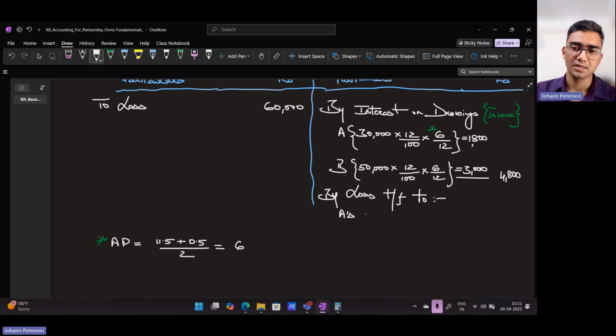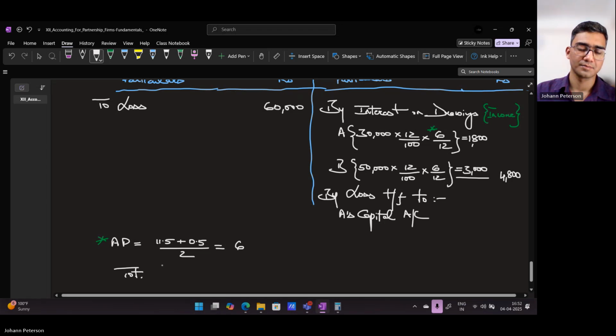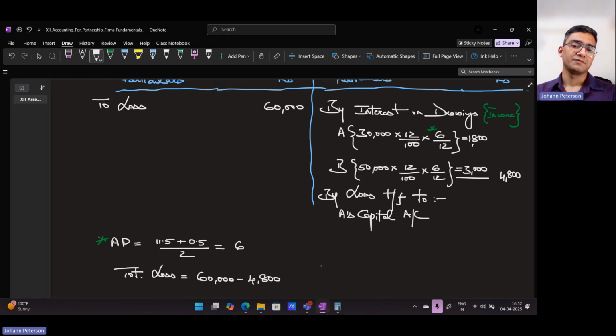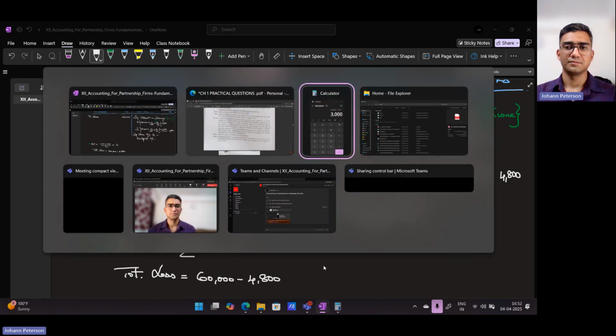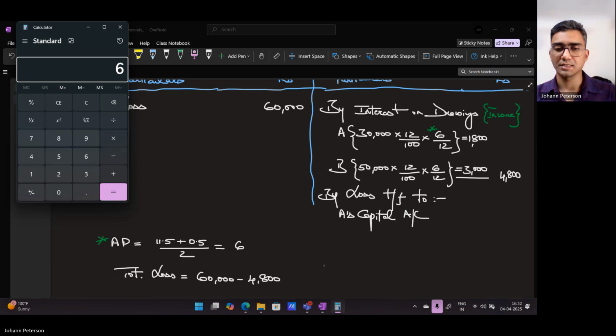So A's capital account, which is going to be 60,000 minus 4,800. Total loss 60,000 minus 4,800, which is 55,200, I suppose. 60,000 minus 4,800, 55,200.